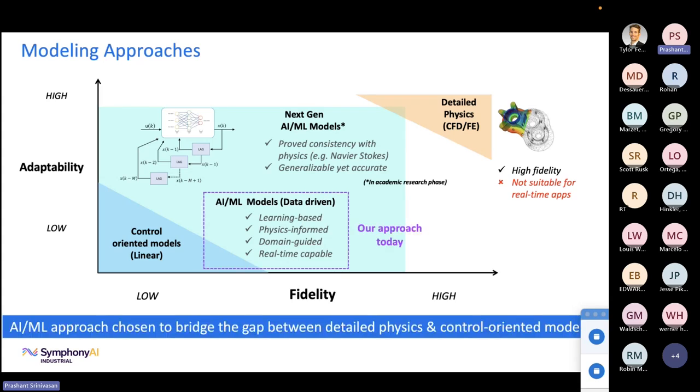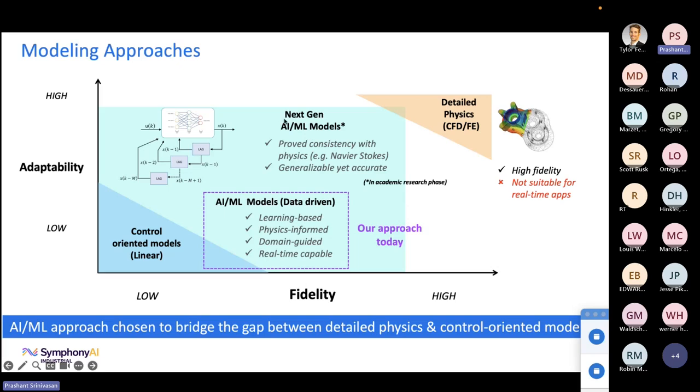The approach we have taken here is more of a data-driven model using advances in AI and machine learning. These are domain-guided models. We do bring in understanding of the process and physics, but they're mainly data-driven. But we do use the understanding of physics and the domain to make sure we have the right features in the model and also that the model's sensitivities are captured accurately.